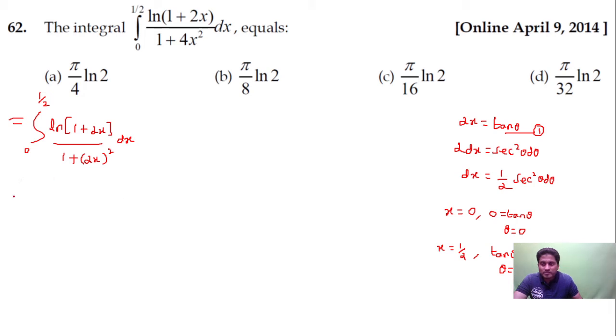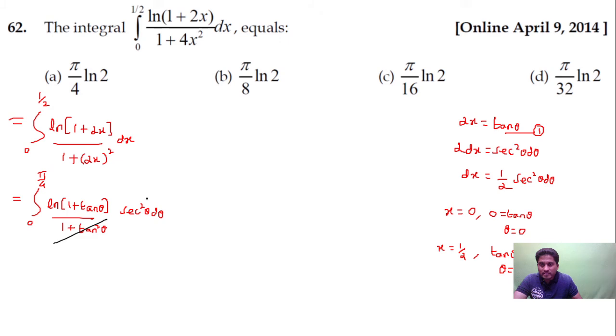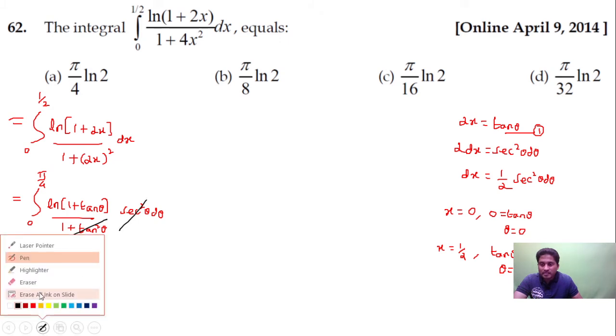So this becomes the integration from 0 to pi by 4 of ln of 1 plus tan theta, divided by 1 plus tan square theta. And then dx will be equal to sec square theta d theta. 1 plus tan square is sec square, so the sec square will cancel with sec square. It's a standard result, right?